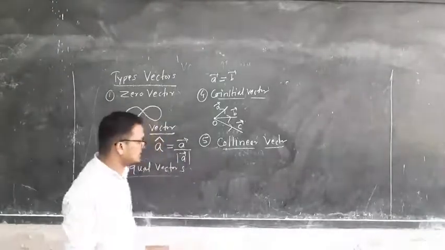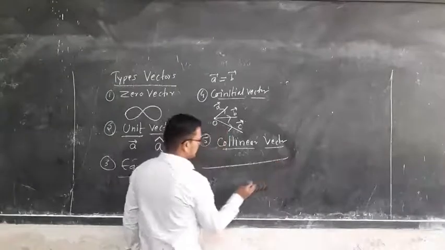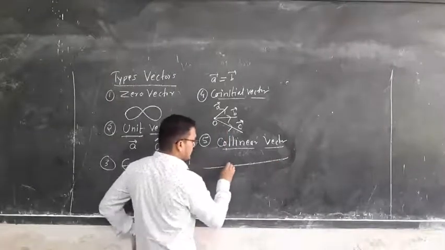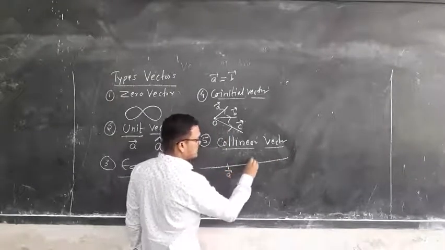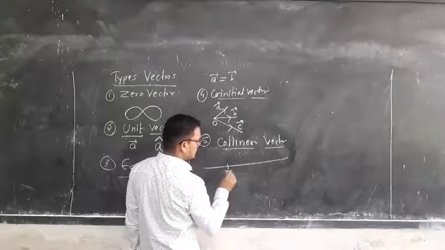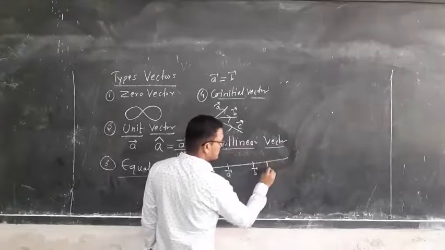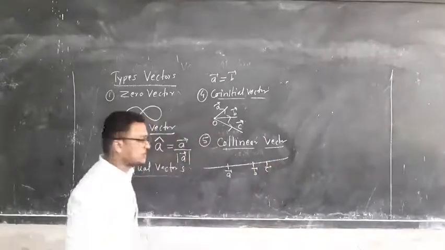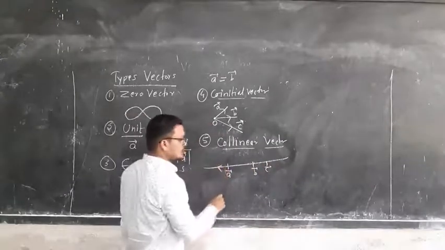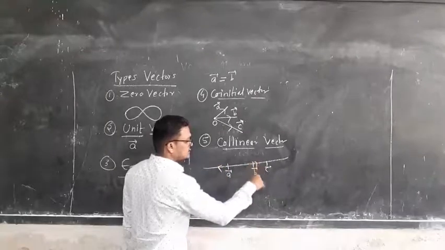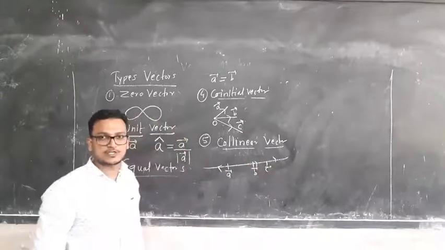Suppose I have a line here, and on this line I have vector A, vector B, and vector C. Suppose vector A is in this direction, vector B in this direction, and vector C also in this direction.